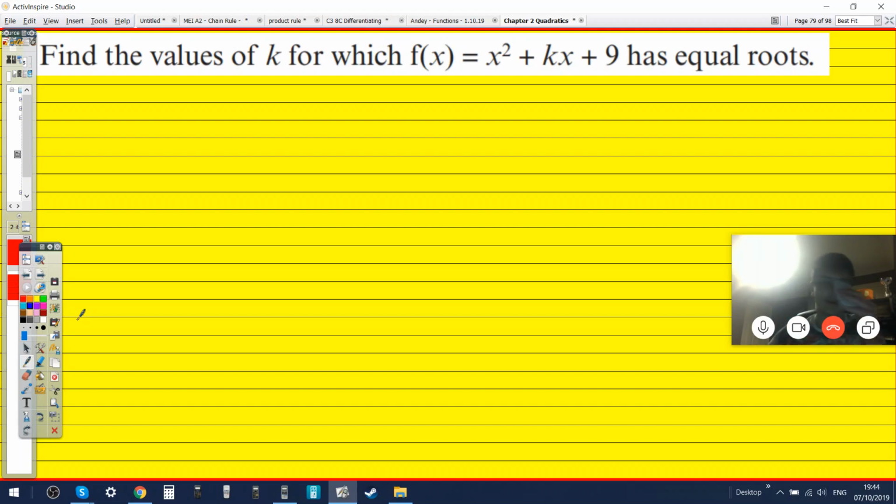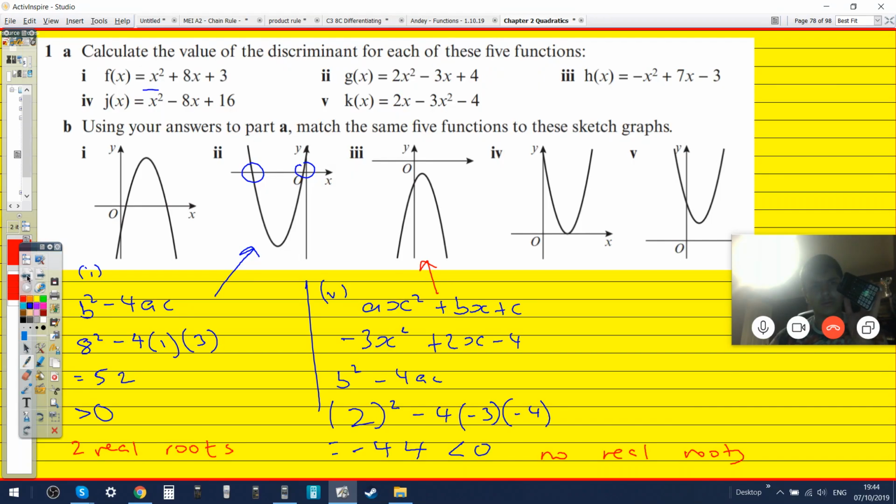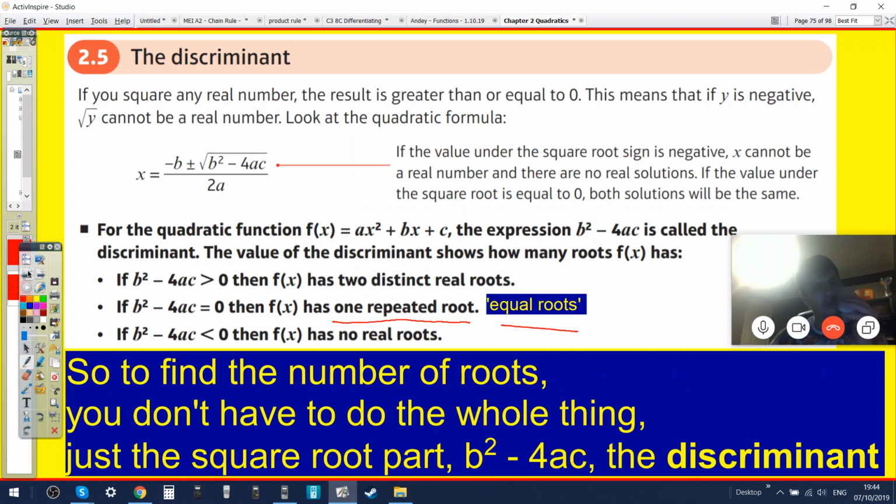But I need to get k. When do you get equal roots? What does that mean? Does that mean that like a square root number is equal to that equation? Or which one is equal roots? b squared minus 4ac. Yeah.